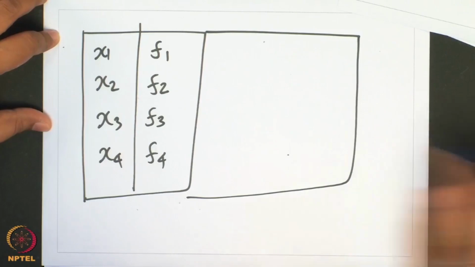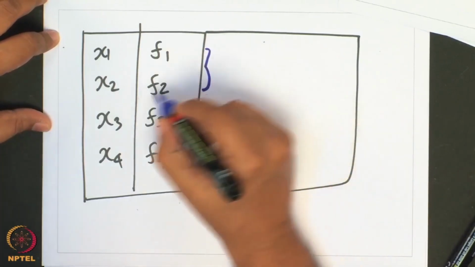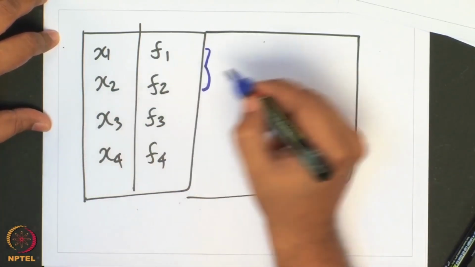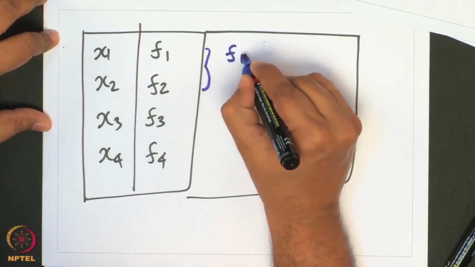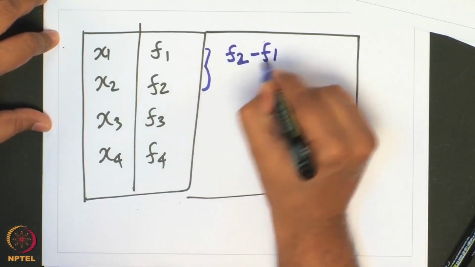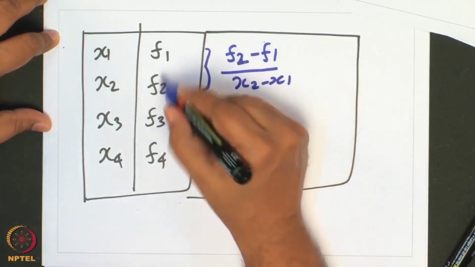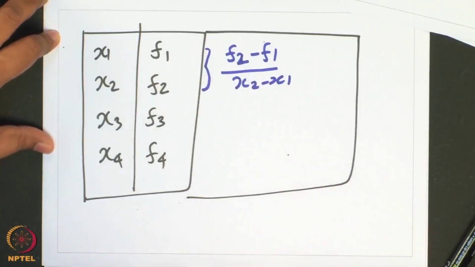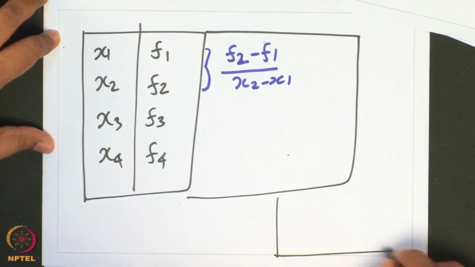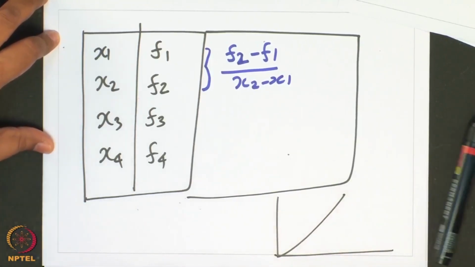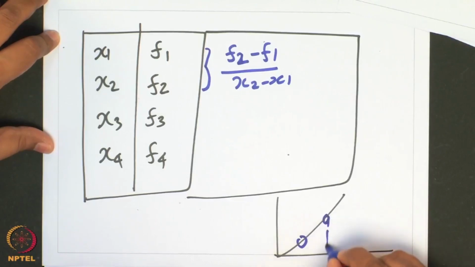Given these two data, x1, x2, f1, f2, I can write f2 minus f1 divided by x2 minus x1 as the slope between these 2 points. So if I were to plot this as a graph, and I have these 2 points, I can calculate the slope, this divided by this.